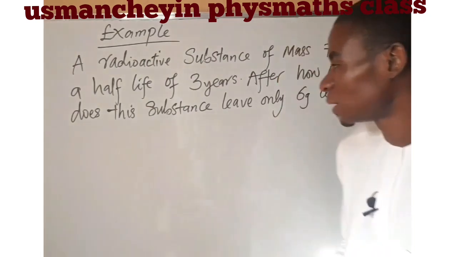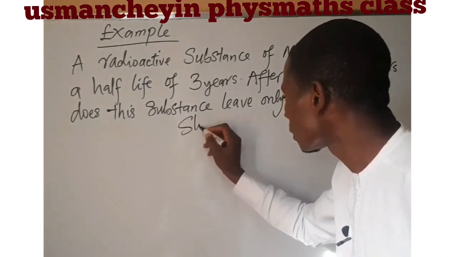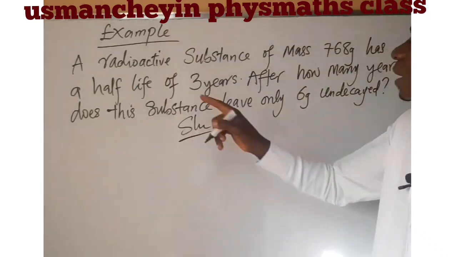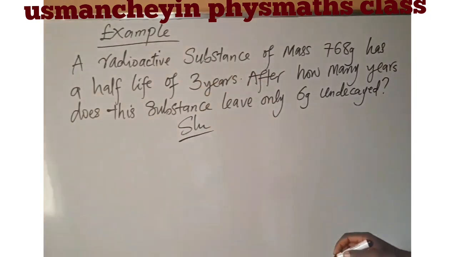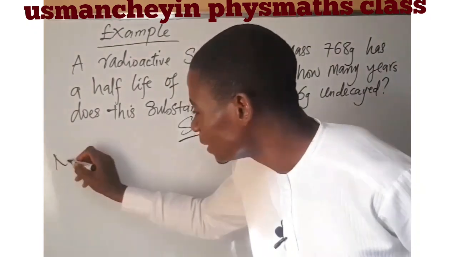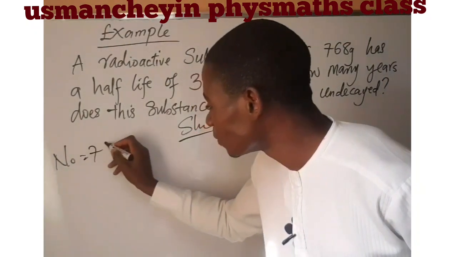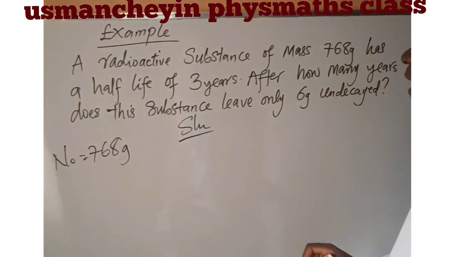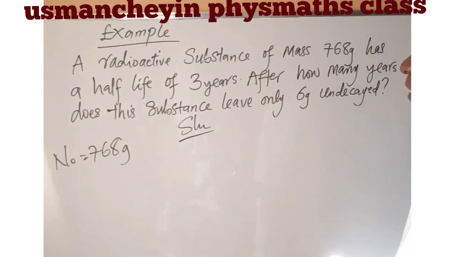So let's get into it quickly. Solution: a radioactive substance of mass 768 gram. So it means that N naught is equal to 768 gram, and it has a half-life of 3 years.